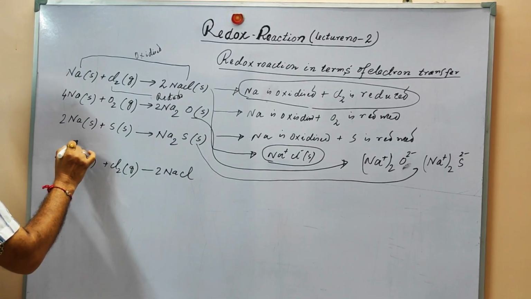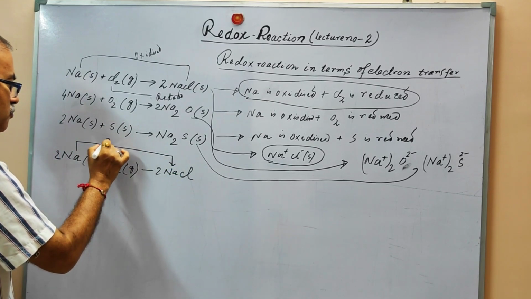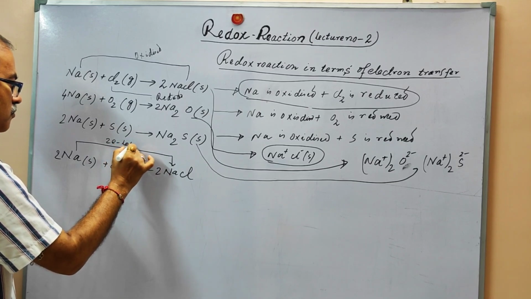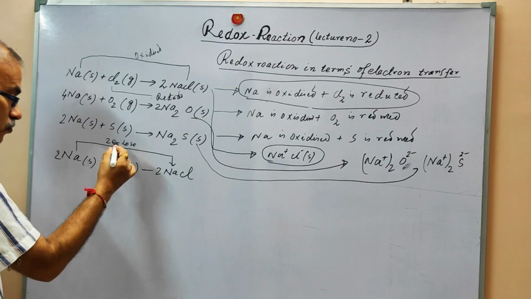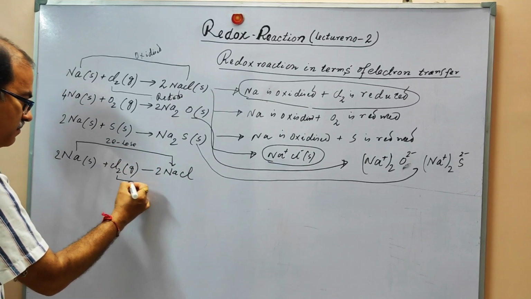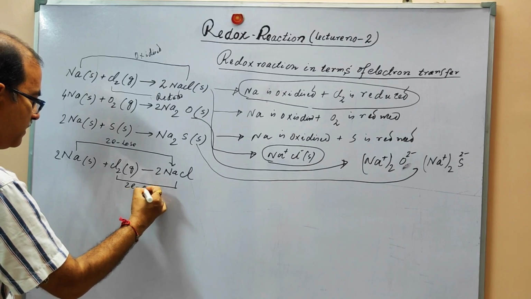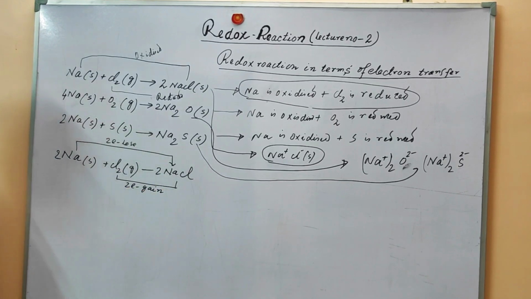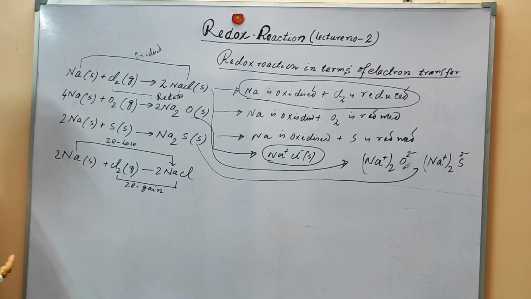So here you can see sodium loses the electrons. 2 electrons are lost by sodium, and these 2 electrons will be accepted by chlorine. So we can write 2 electrons gained by chlorine gas and 2 electrons lost by sodium. Okay.